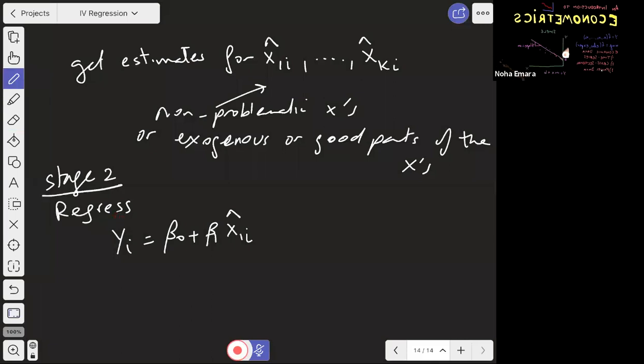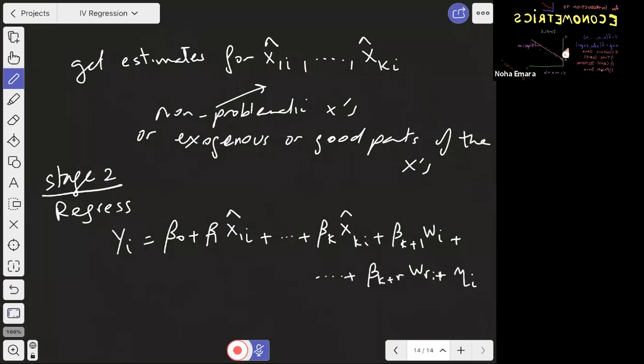Plus, you keep going, beta k xki, and this is hat again, plus beta k plus 1. I'm going to have all the set of exogenous variables I have, plus beta k plus r wri plus whatever the name of your error term, let me call it whatever name. So this is your error term, okay?